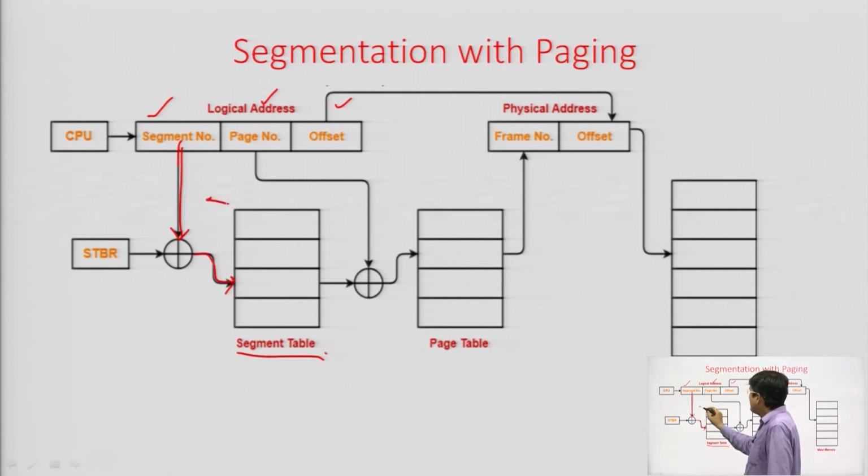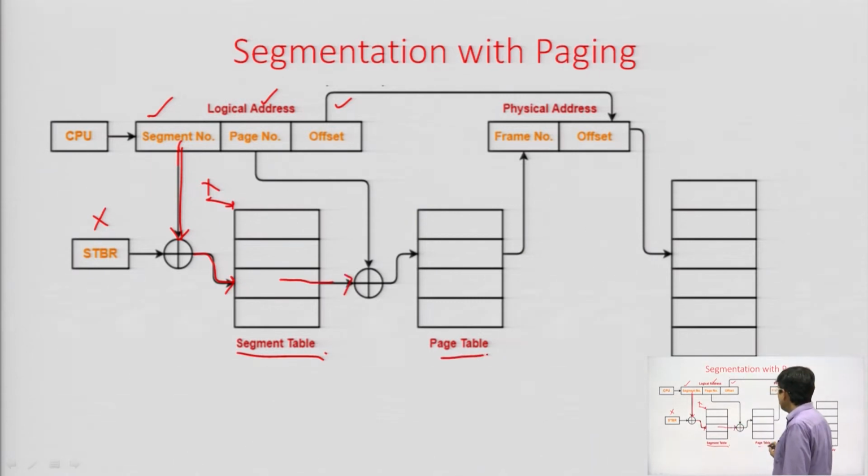Let us say the segment table starts from some address x. The starting address of the segment table will be in the segment table base register. Now, this segment table entry contains the base address of the page table. Let us say the base address of this page table is y. Only y means y plus 0, the address of the first page number.